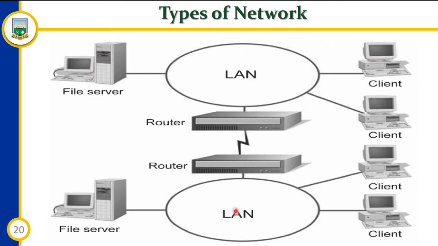If we want to talk to this one, the router will have to put all these devices connected to it in contact with the other router to be able to talk to it. So that is what the router does. It routes one network to another network. In this case, it will route the local area network here to another network, which is also a local area network located at a different geographical location.